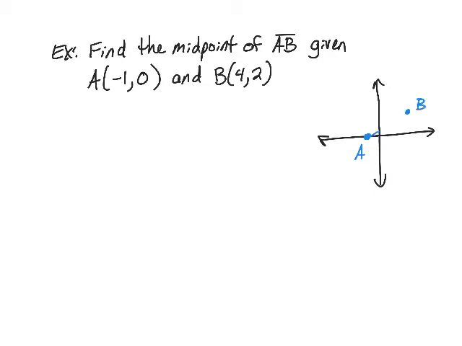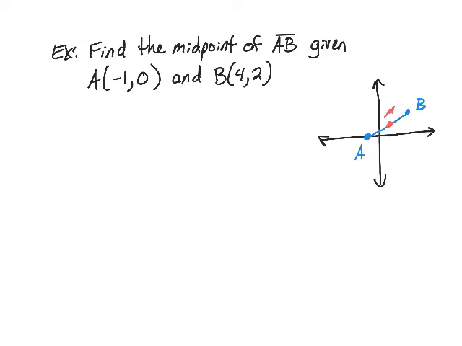I always recommend sketching things because it gives you an idea of roughly where that midpoint should be. So if you just eyeballed it, you would think, okay, well, my midpoint M is going to be somewhere in the first quadrant, close to the y-axis, close to the x-axis.